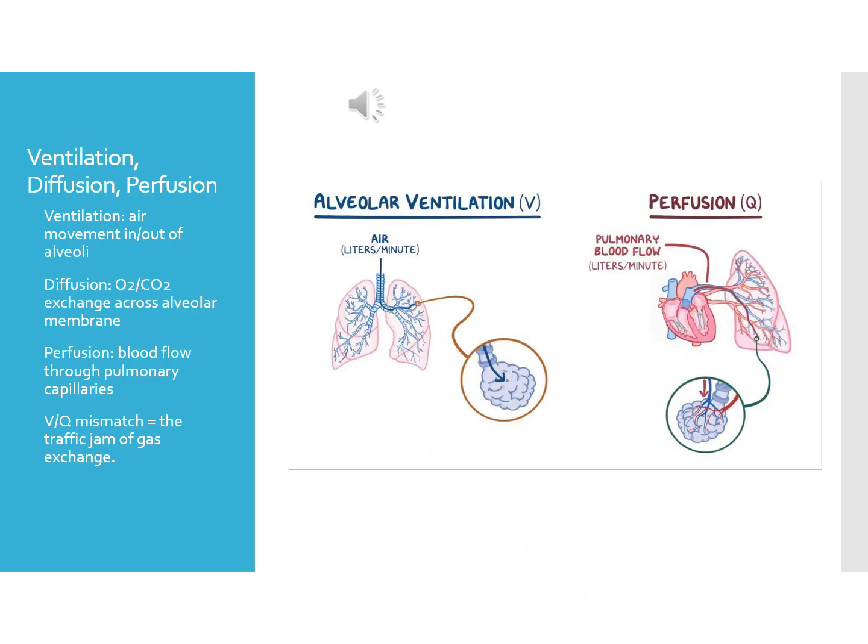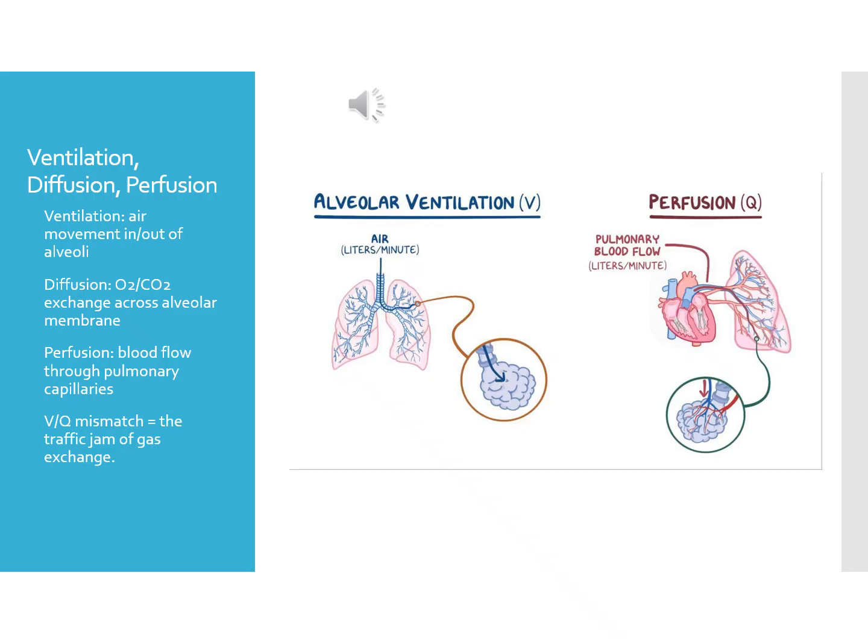Now, when we look at a VQ mismatch, what we're talking about is where the air reaches the alveoli, which is our ventilation, and blood reaches the alveoli through the perfusion and those capillaries, so the gas exchange would be enough. A VQ mismatch, V meaning ventilation, Q is for perfusion.